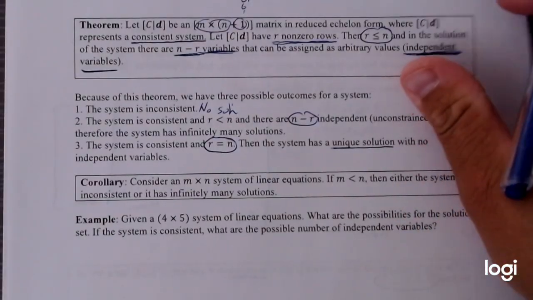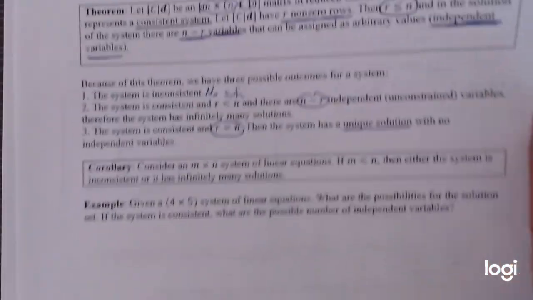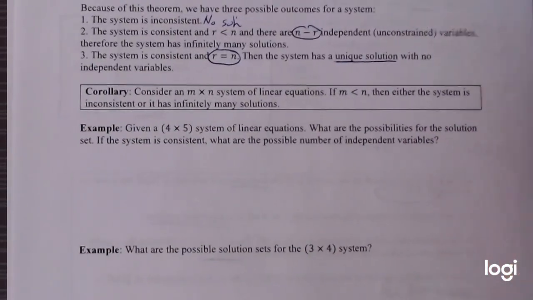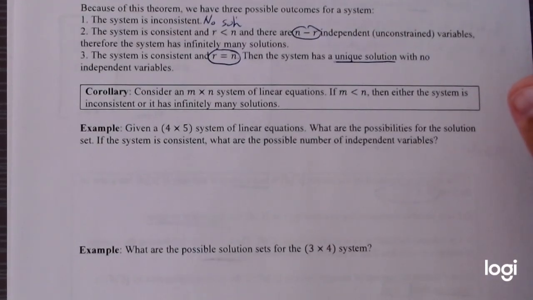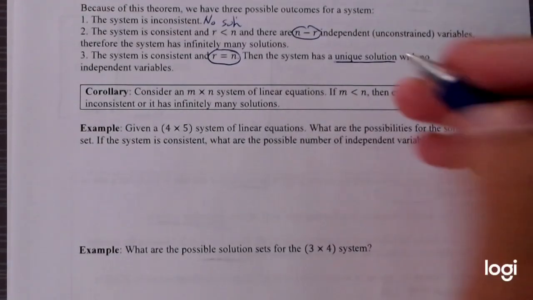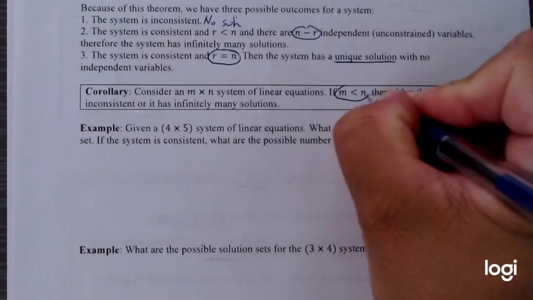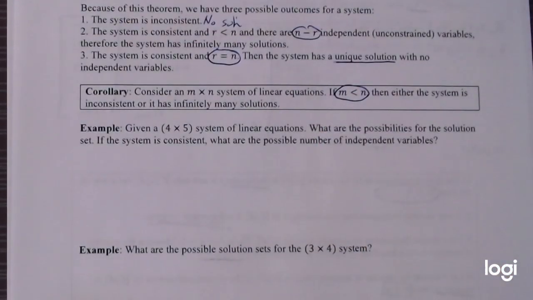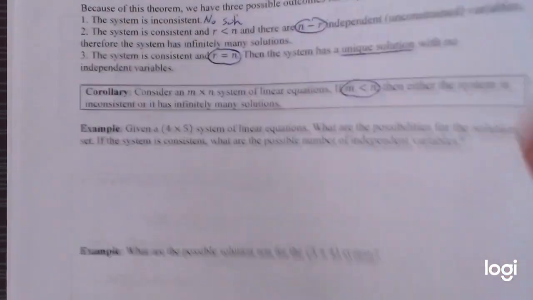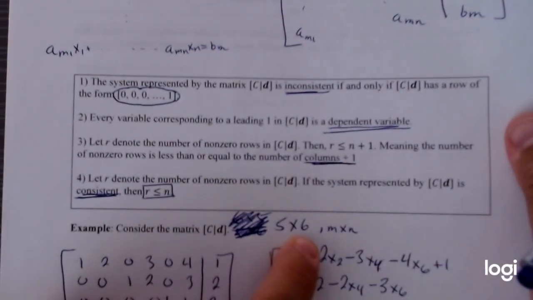Okay. Now, before we go to an example, there's a nice little corollary to talk about. So consider an m by n matrix system of linear equations. If m is less than n, like it was here, right? m is less than n.